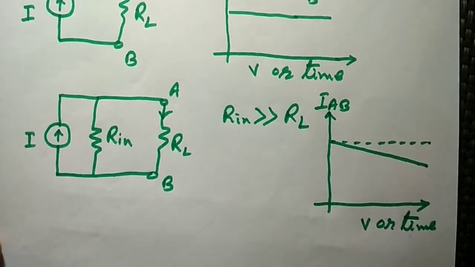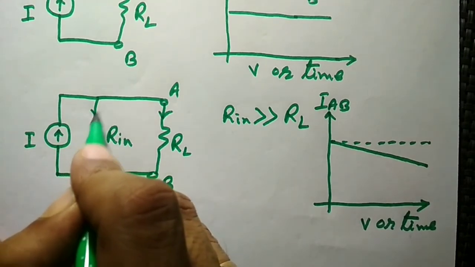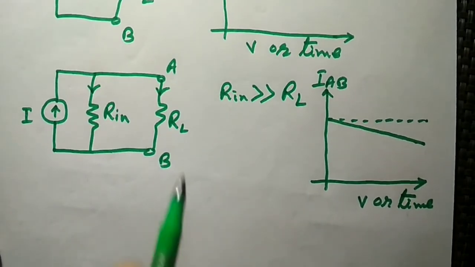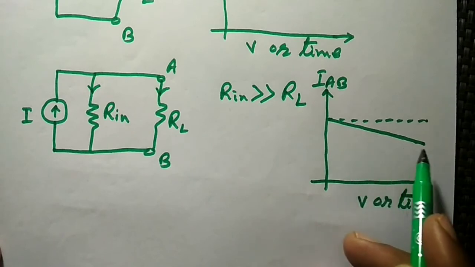That means if the voltage across the terminal is gradually increasing, then some current will flow through the internal resistance of the source. Therefore, the current through the load will gradually decrease.